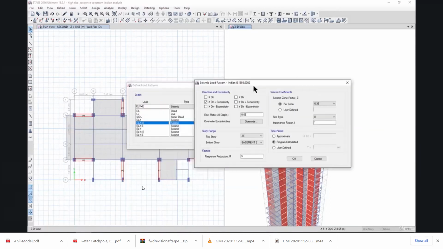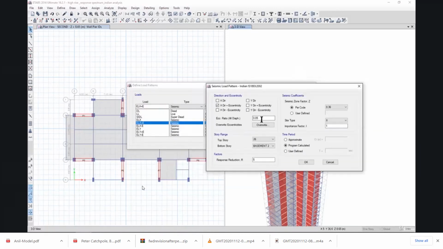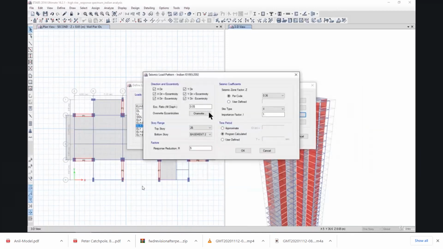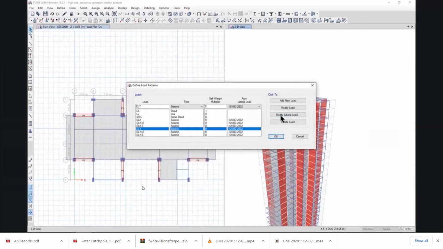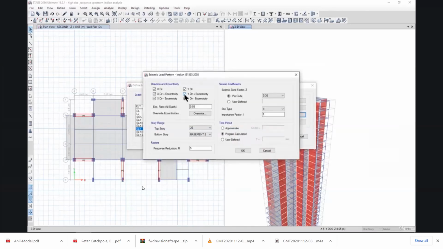Now we are doing ELX plus eccentricity, that is 0.05 eccentricity. Story shall be stalled. Zone factor shall be 0.24 and time period shall be 2.242 seconds. Same for minus eccentricity. Now we shall do the same with the y direction.